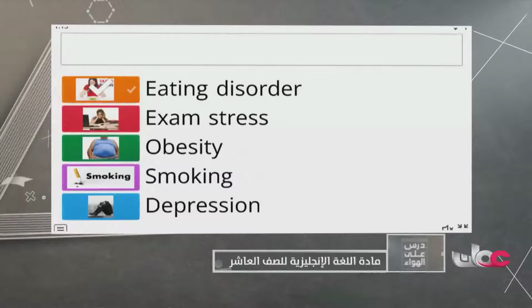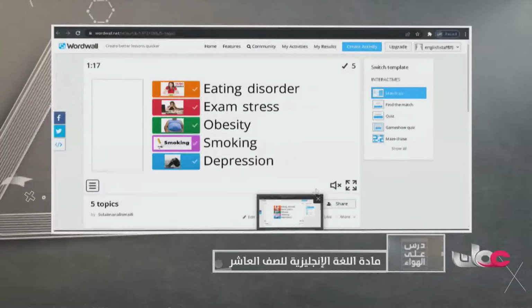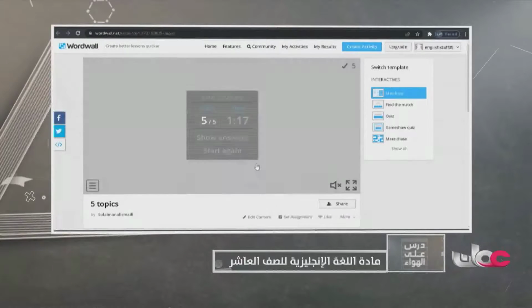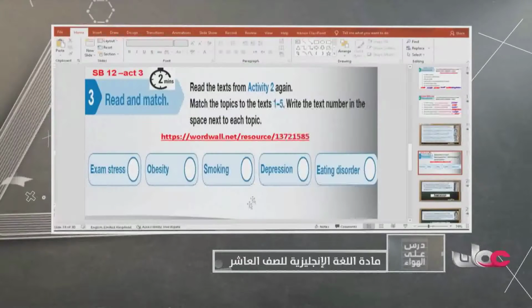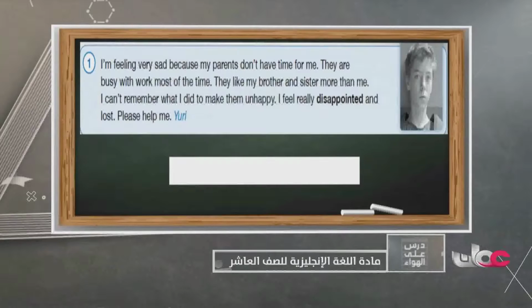So this is the meaning of these vocabulary words. So it is very important that we discuss the vocabulary before we do the task. So now let's go back to the lesson, and let's read about this person.